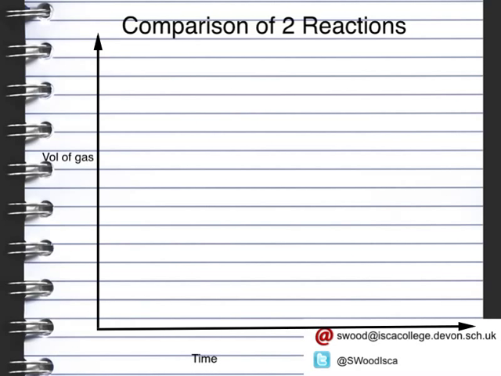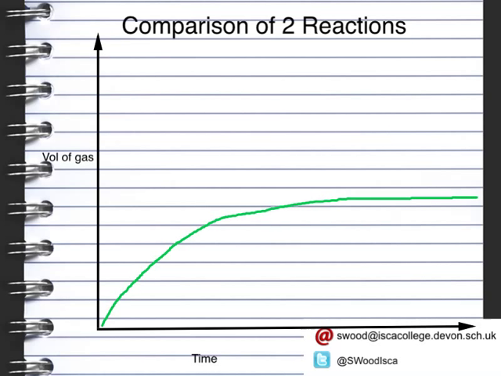Now what we're going to do now is have a look at two reactions. The first one that we're going to draw, we'll do this in green. Okay, now you can see, like it was in the previous section, we've got the fastest part of the reaction, then it starts to slow down until it comes to a stop.